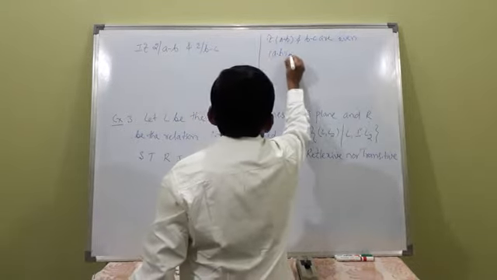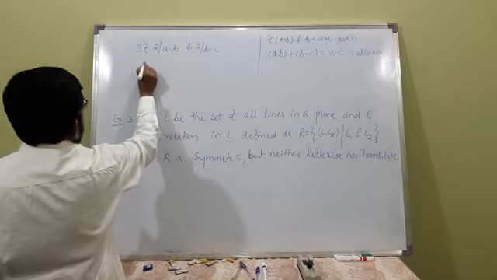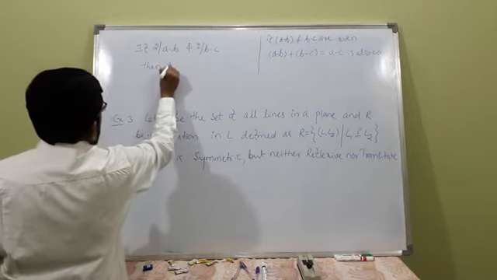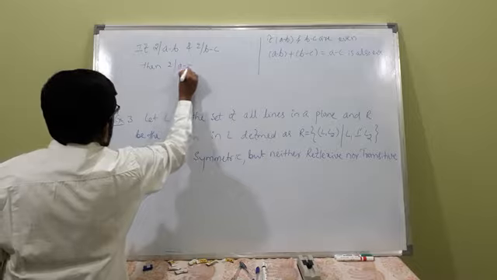Sum of two even numbers is even, isn't it? Then 2 divides a minus c.